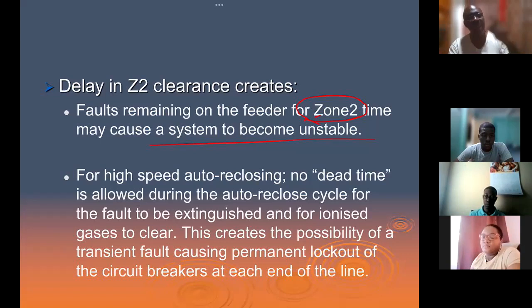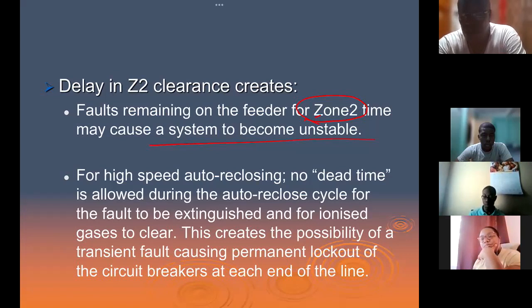If you are in the end zone, it means that you would have clearance in zone one time at one end of the line, but then you will continue to have feed from the other end into the fault point. So as part of our main objective in terms of protection system for the line, we want to ensure that both ends can be removed from service. So you want to have the breaker opening in as short a time as possible.